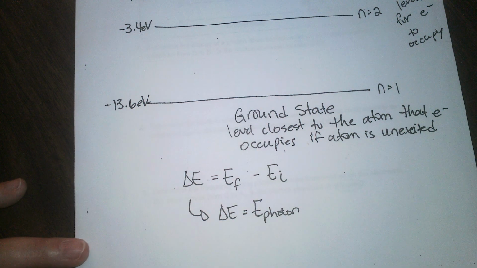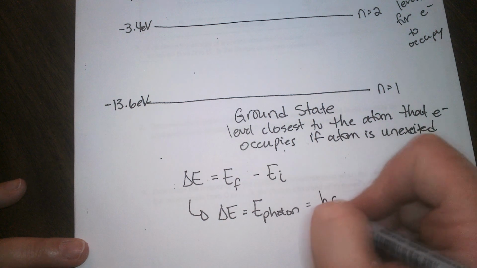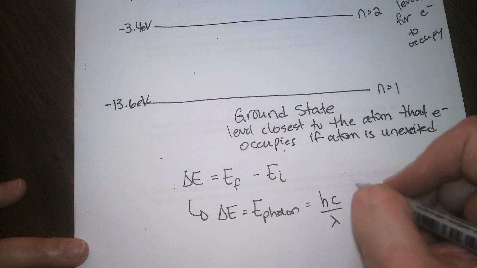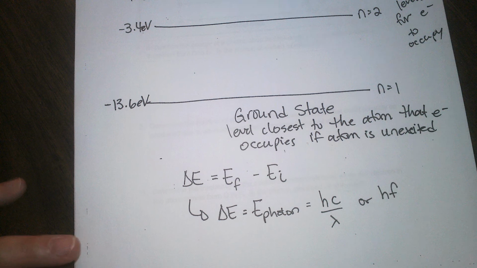We're not looking at wave theory, we're looking at particle theory. How do we find the energy of a photon? hc over lambda, or hf. So now we're taking some EMR knowledge and bringing it forward into the atomic physics unit, the nuclear physics.